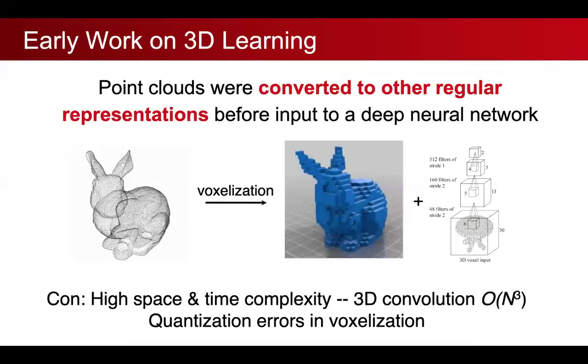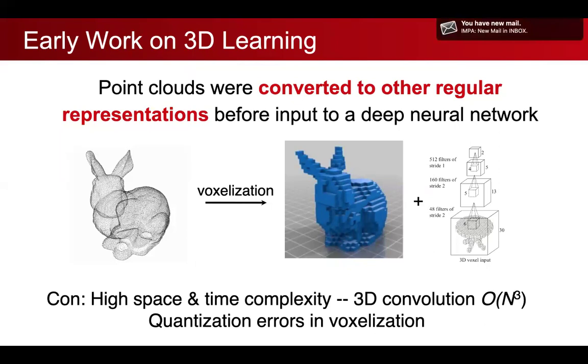Before the introduction of neural networks for point clouds, 3D deep learning used other architectures, such as the ones that we saw in the previous lectures. Basically, the point clouds were converted to regular representations, such as a 3D grid, a voxel grid, and then they were processed by a grid network that uses 3D convolution.